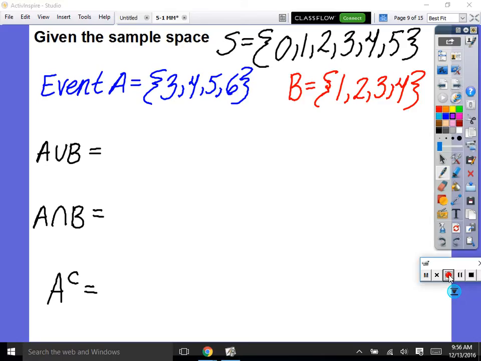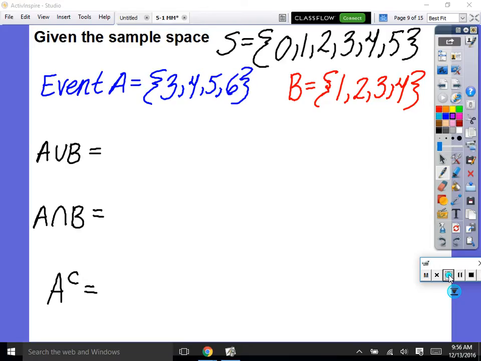This is the sample space, so this is all of the possibilities. Here's a subset, a smaller possibility from that. We put it back, and we made a new subset. They have nothing to do with each other. They're just different subsets of the sample space.